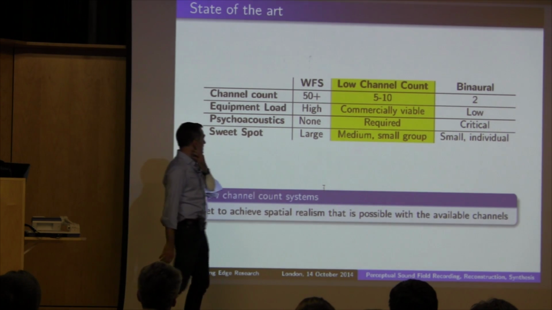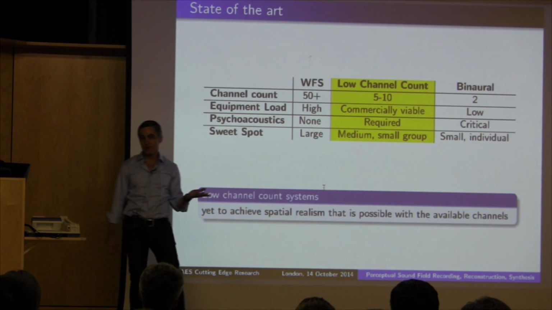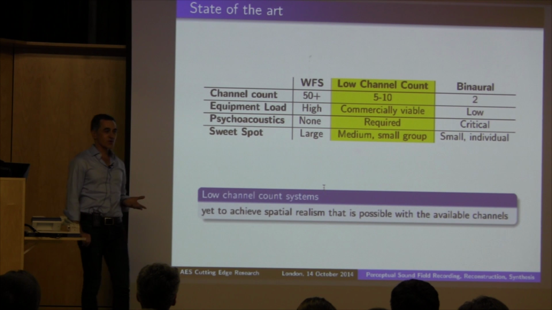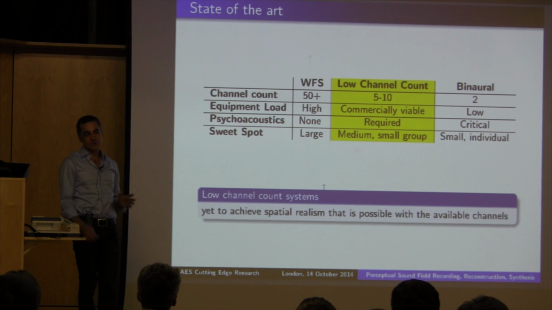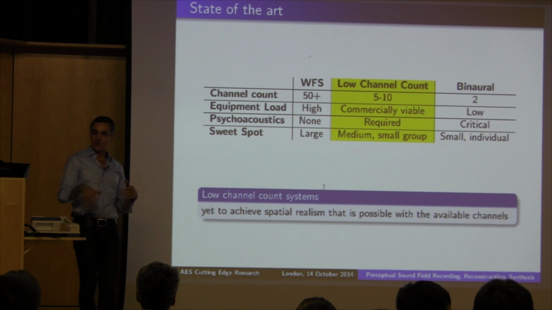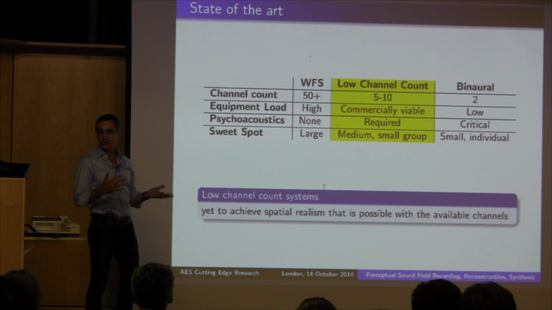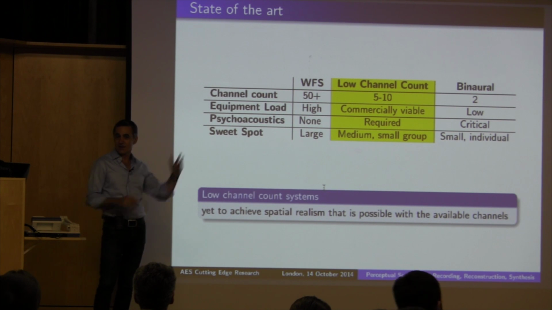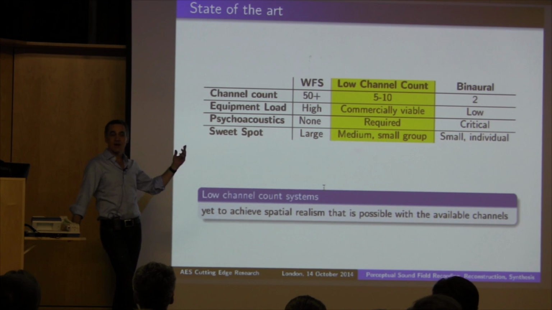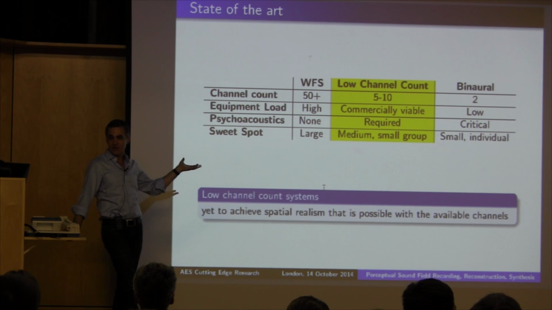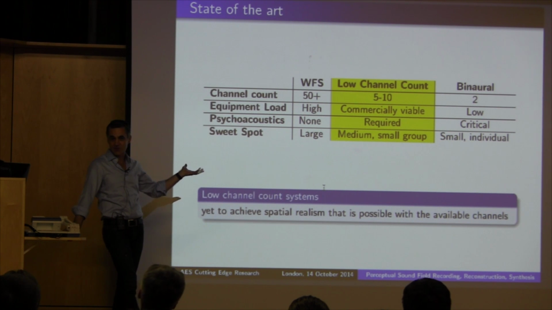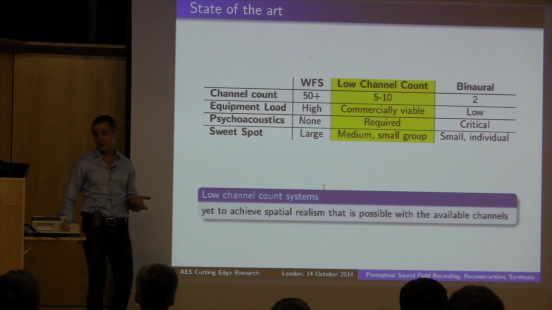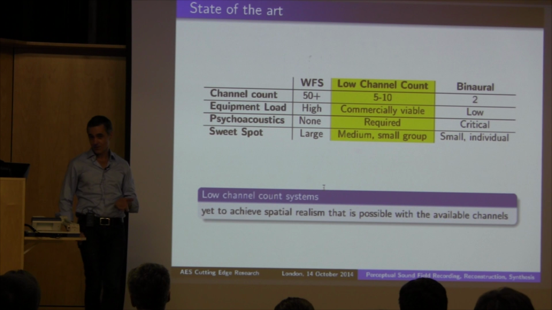In between are the low channel count systems, 5 to 10 channels, which aim to provide some sort of stable listening spot in a limited area for a small group of listeners, and that unfortunately happens to be the largest segment of the techniques, the most prevalent in commercial systems, but on the other hand, it's actually the least understood of all techniques.